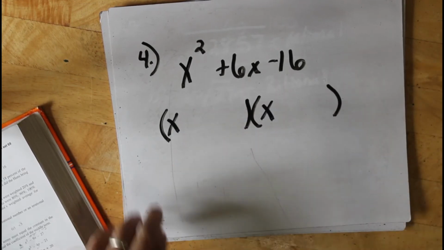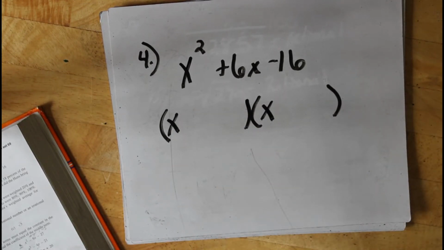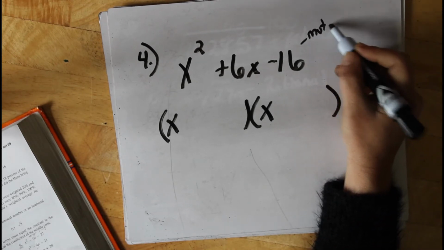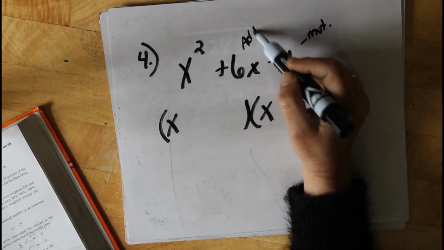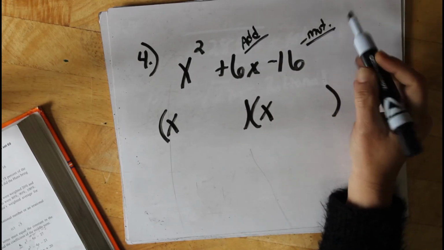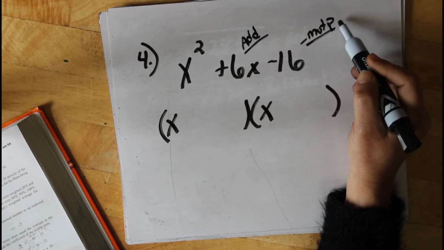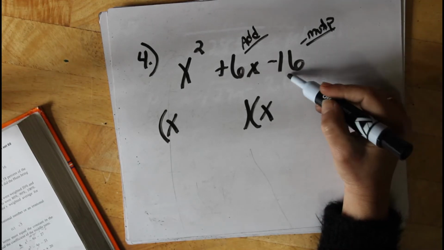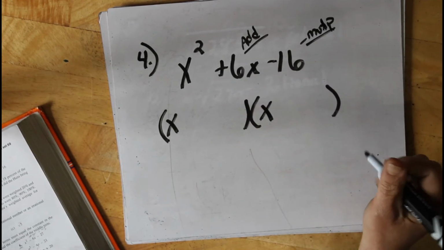Now we got to think of the factors of 16, so we need two numbers that we multiply together to get negative 16 and add together to get 6.